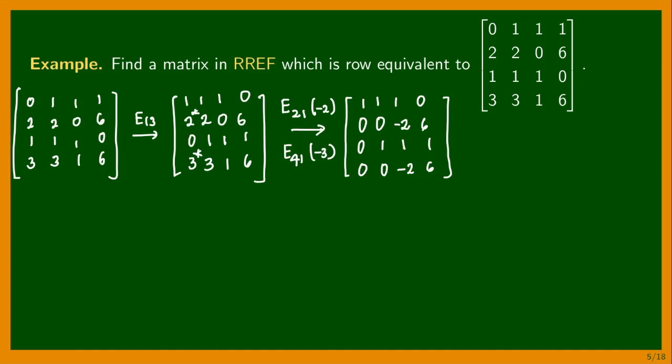So what you can actually do is multiply this entire row by negative 1/2, for example, to make a 1 over here. That is an option. Or you could swap with the third row, because I can see that there is a 1 on the third row. So I can just swap with the third row, so I can move the 1 over here. So let's try to do that instead.